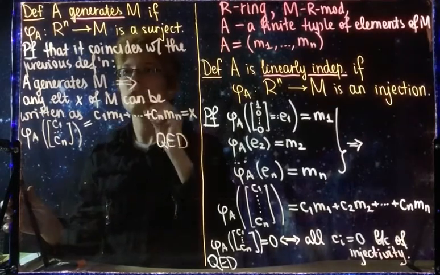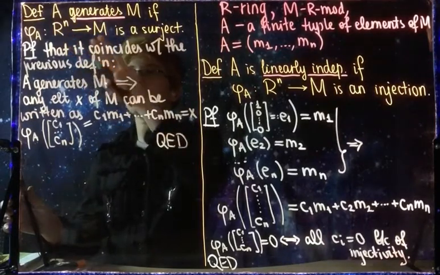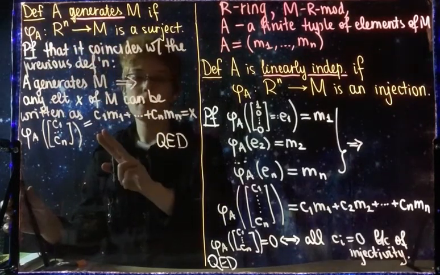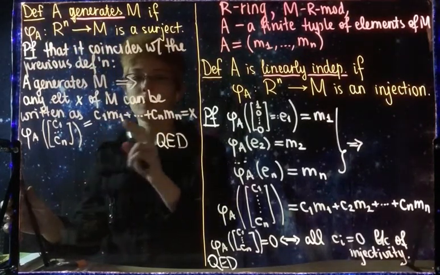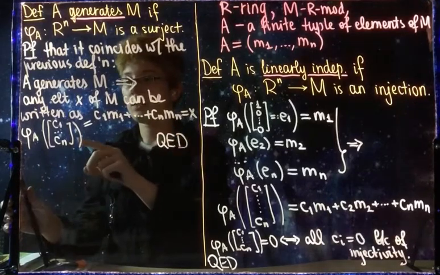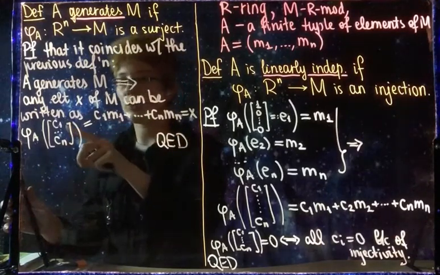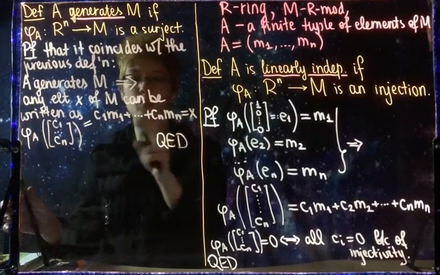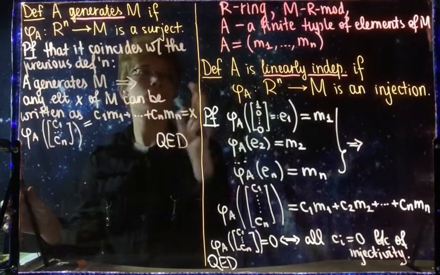And conversely, if phi A is surjective from R^n to M, then we can write any element x as an image of this tuple under phi A, which means that x is representable as a linear combination of mi's.